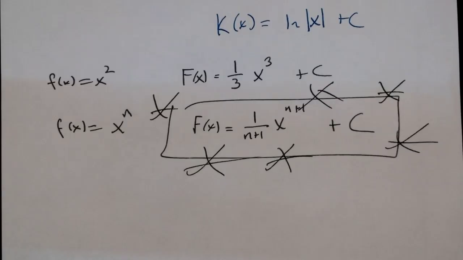When is it broken? When does that fail? If n plus 1 is 0, then what's n? And isn't that 1 over x? x to the negative 1?